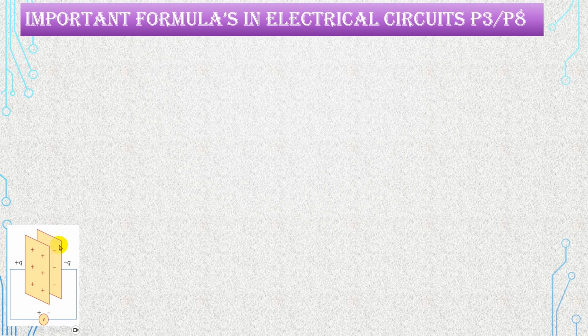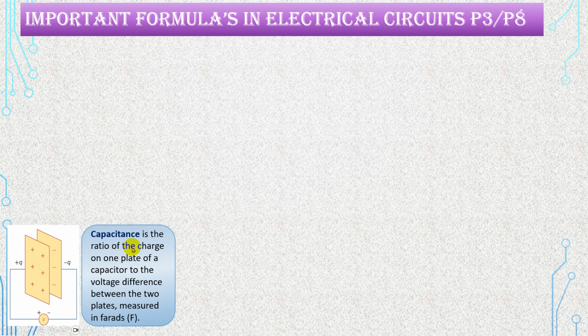Plates here we can also call electrodes, positive electrode and negative electrode. Because of this voltage source, the positive charge will be on the left side electrode or plate, and the negative charge will be on the right side plate. So like this, a capacitance will be formed.